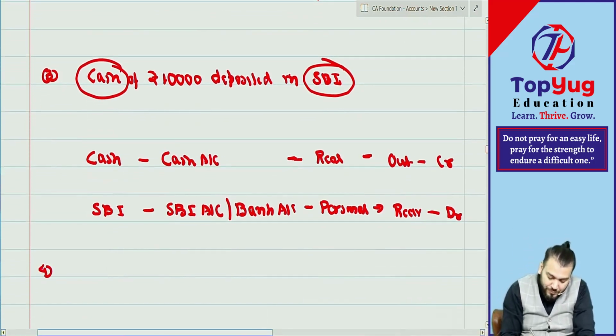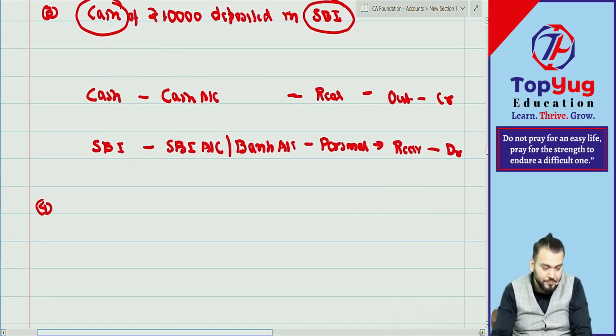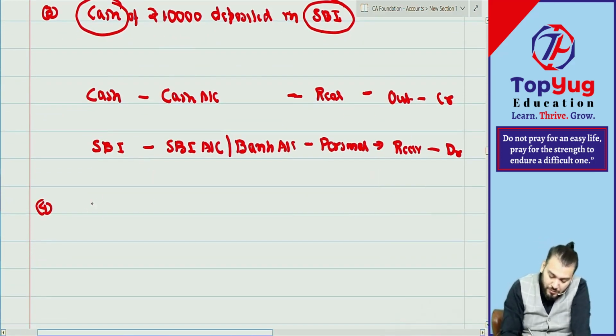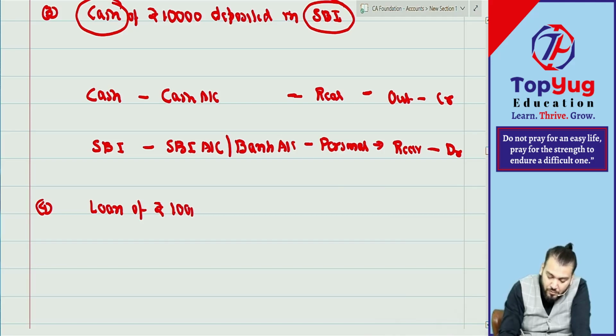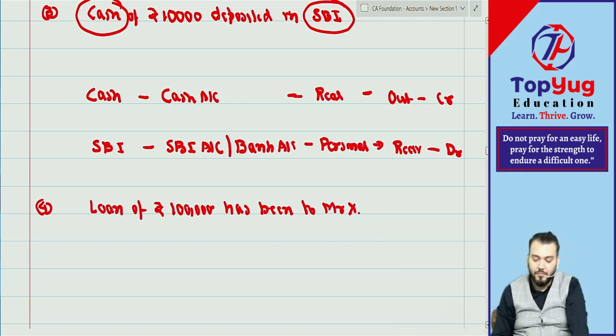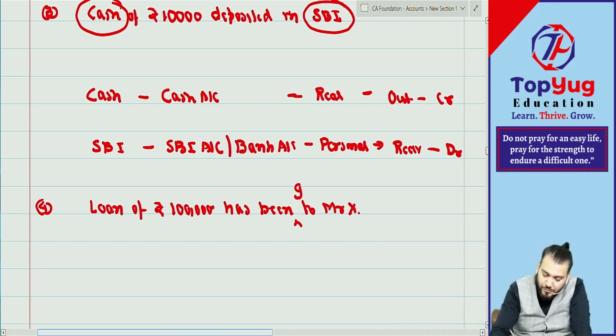Now we need to identify one more. Point number 4. Look. Loan of rupees 1 lakh has been given to Mr. X in cash.